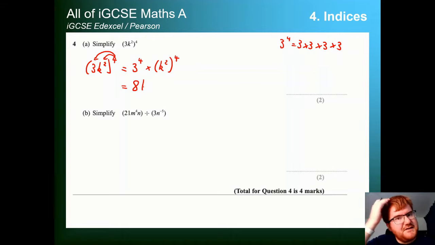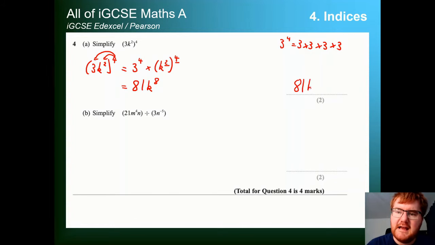So mental maths is still very, very useful at IGCSE. When we have brackets with indices, we just multiply the indices. So we just do 2 times 4, and that's equal to 8. So our final answer here is 81k to the power of 8.